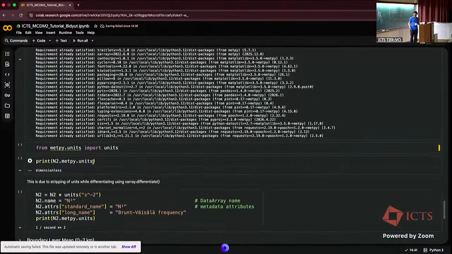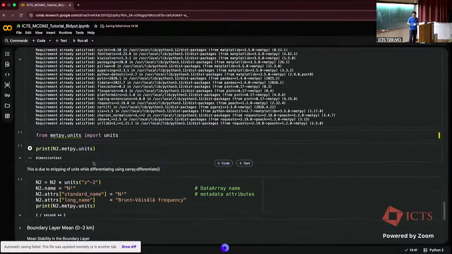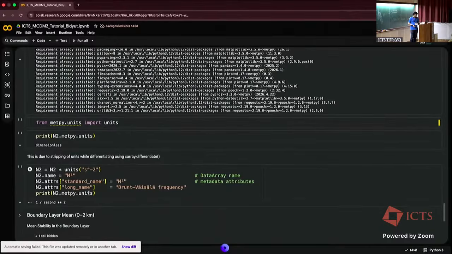And this part is just to show you that if I check the units, then N squared gives me dimensionless units. I learned that this is because of stripping of units by differentiation. So this part is just to decorate the ornaments of N squared.